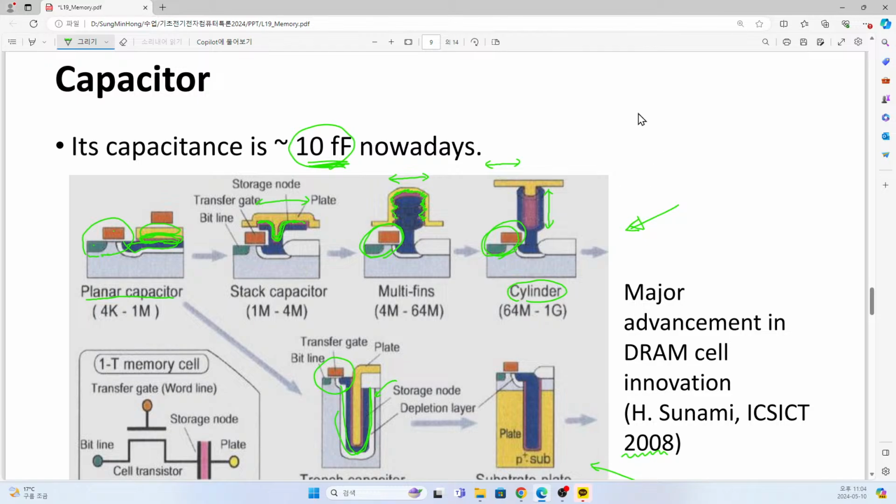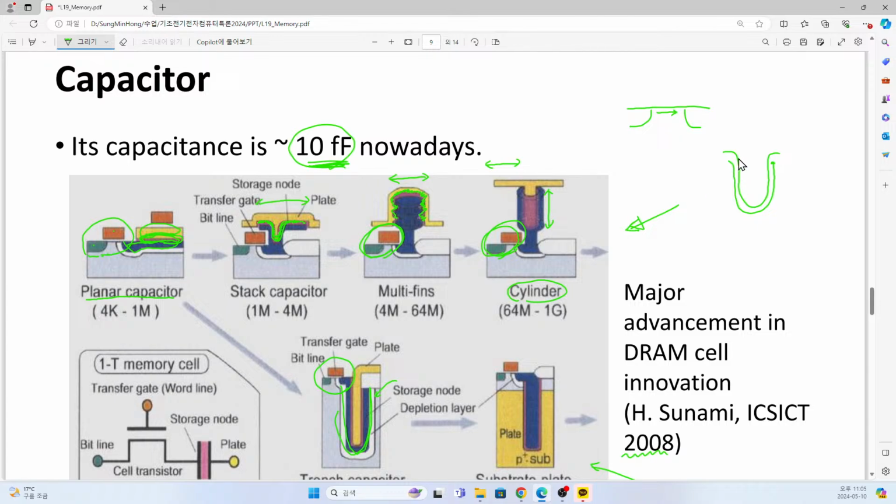So therefore, instead of making this just a planar transistor, we introduce this kind of current conduction path instead of this direct conduction path.